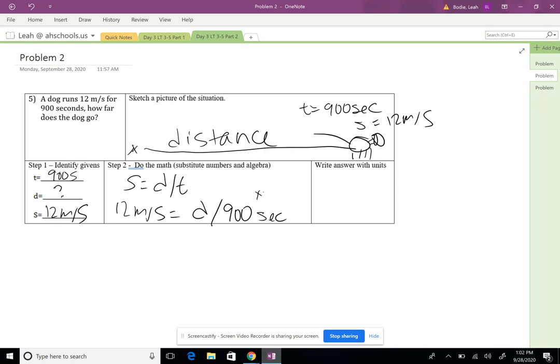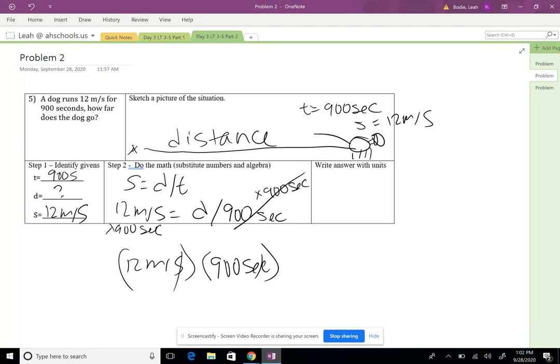And so now we multiply this side by 900 seconds, cancels that out. So now we have 12 meters per second times 900 seconds. Our seconds cancel out. That equals our distance. So our distance comes out to be 12 times 900, which is 10,800 meters.